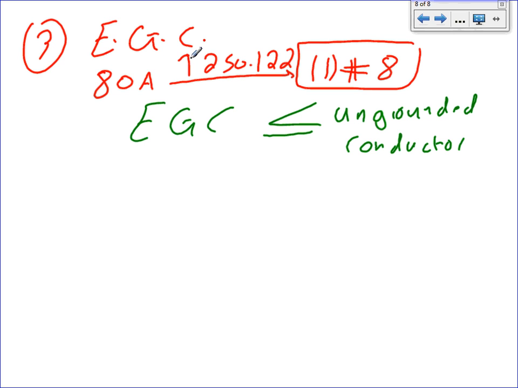If this is number 8, this doesn't have to be 4, they're carrying the same short circuit. The ungrounded conductor will carry the same ground fault as the equipment grounding conductor, so it doesn't make sense for the equipment grounding conductor to be larger than the phase conductor.